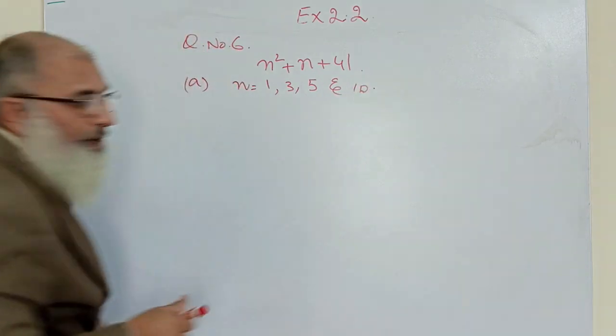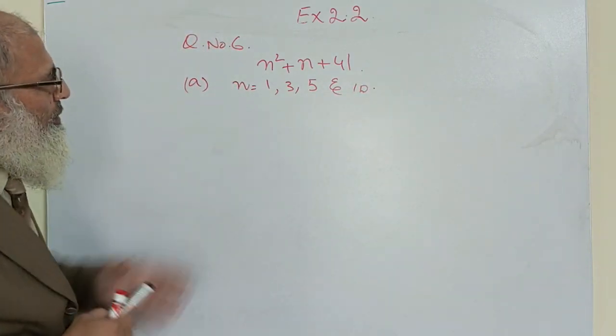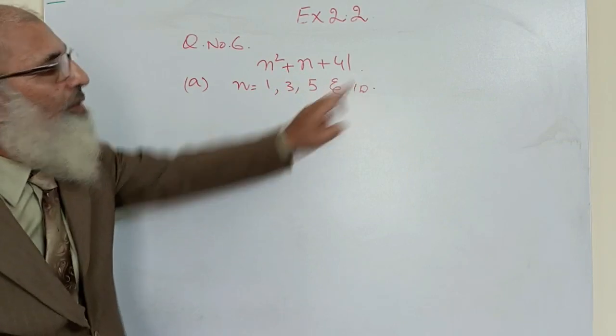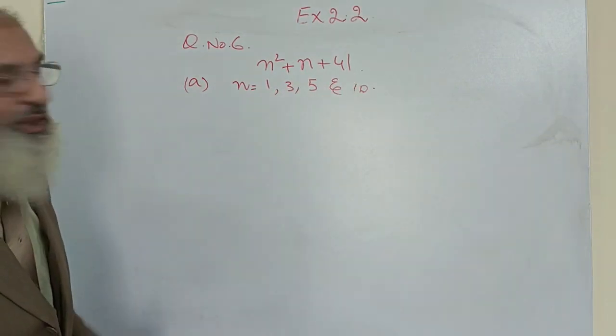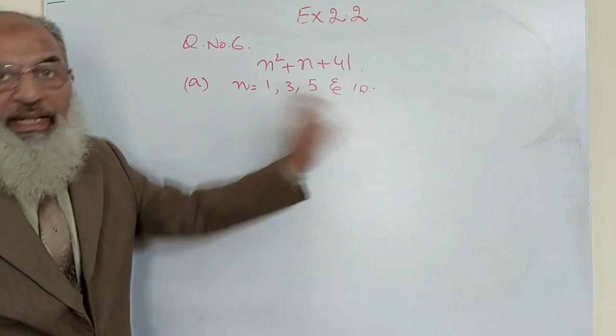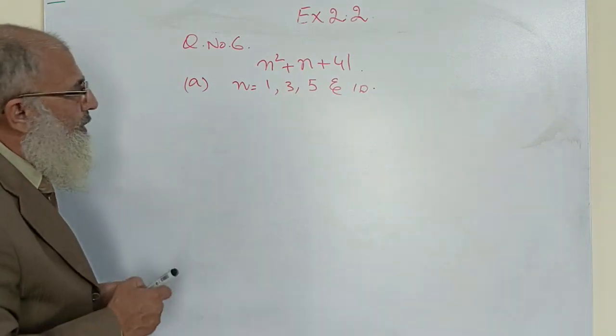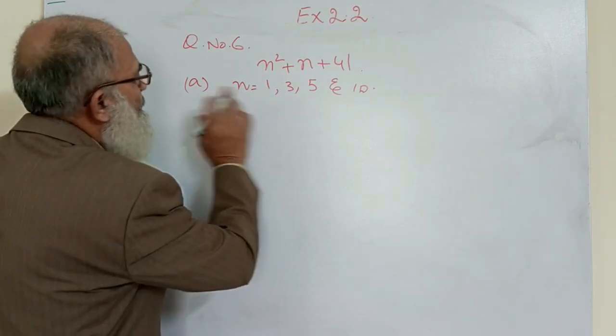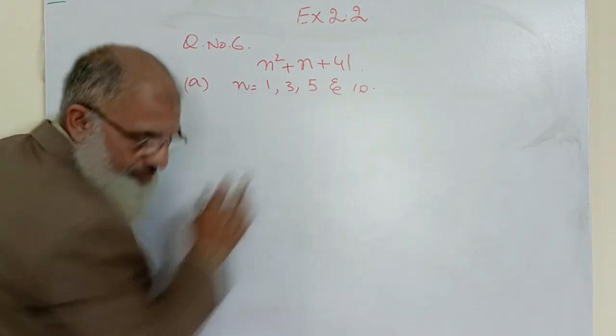Now you have to find what is the outcome of this expression when n is equal to 1, 3, 5 and 10. Now these are in fact four parts: A, B, C, D.